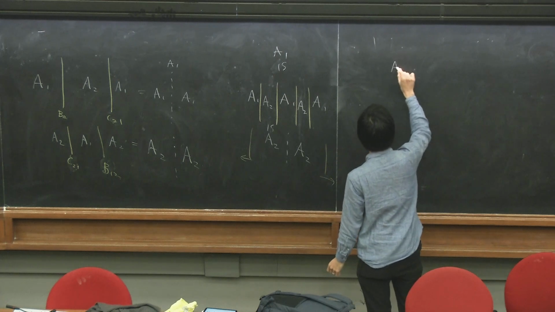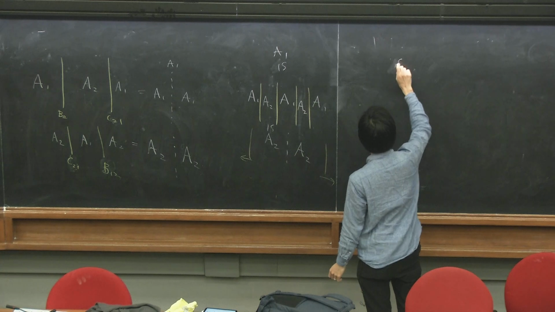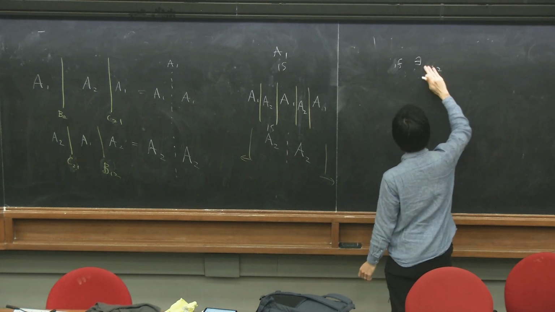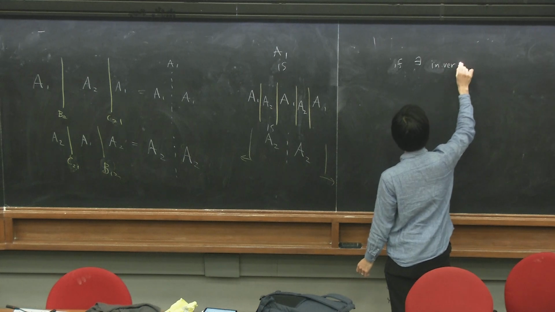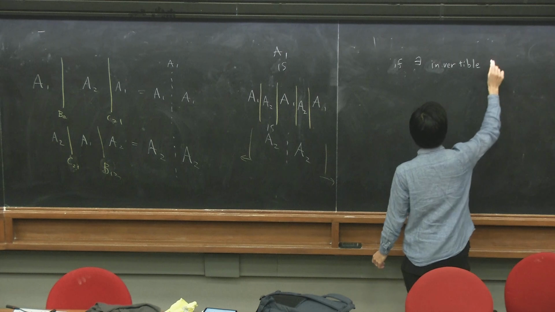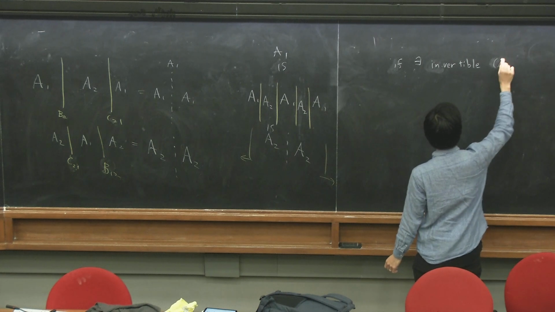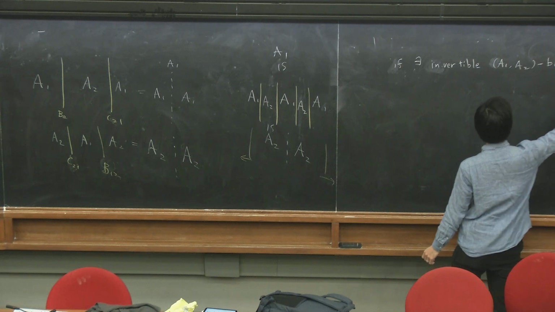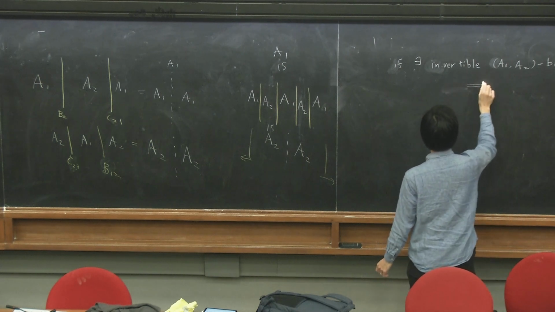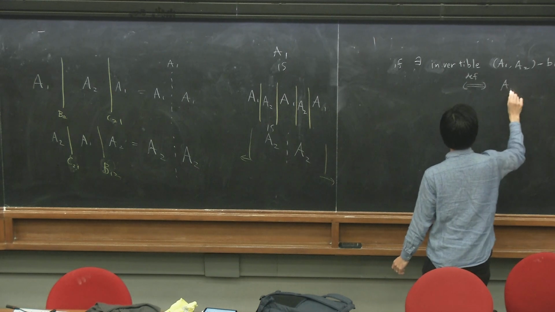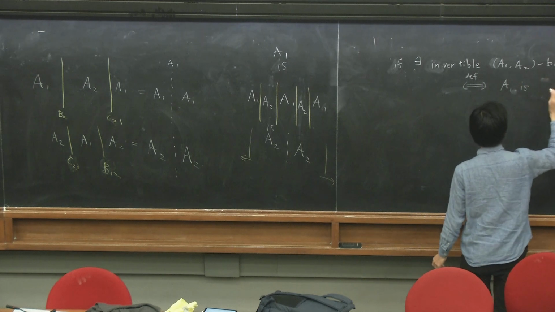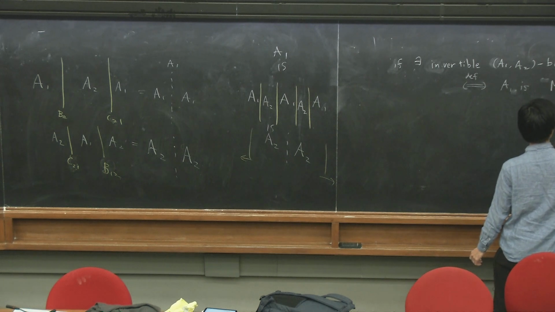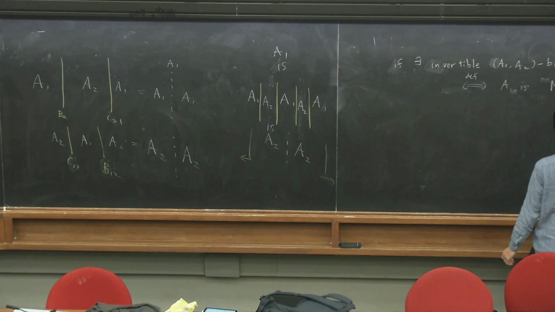So when A1, if there is an invertible A1, A2 bimodule, then A1 is called Morita equivalent to A2.